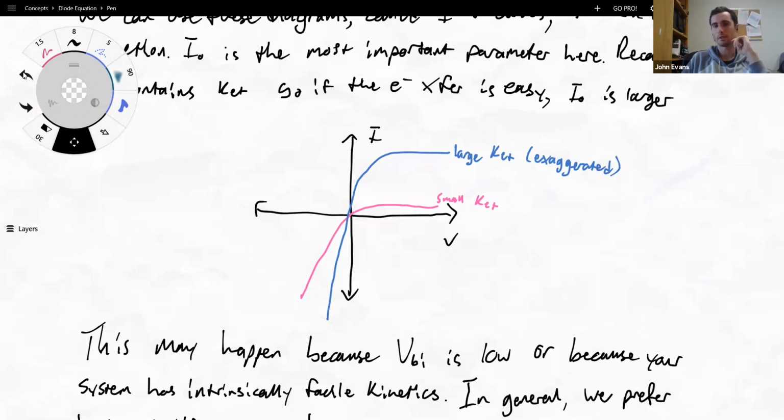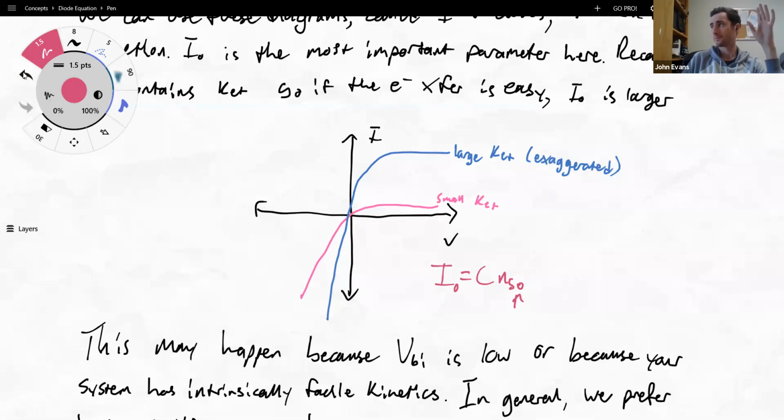If we increase the concentration, remember, I naught is going to be equal to, oops, not negative, just C NSO. So if we decrease the VBI, we're going to increase that because of the Boltzmann relationship. Remember, larger band bending equals fewer electrons at the surface. So that can also increase our exchange coefficient and our exchange current.